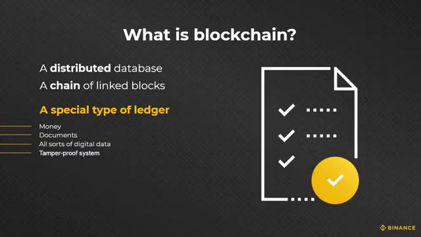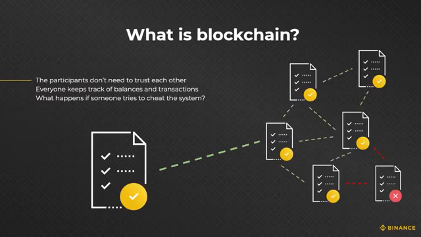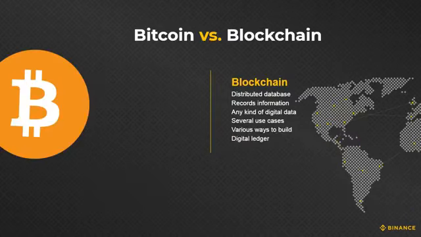Let's go on to understand more. The participants don't need to trust each other. Everyone keeps track of balances and transactions. What happens if someone tries to cheat the system? So this is blockchain: distributed data, records information, every kind of digital data, serves various use cases.